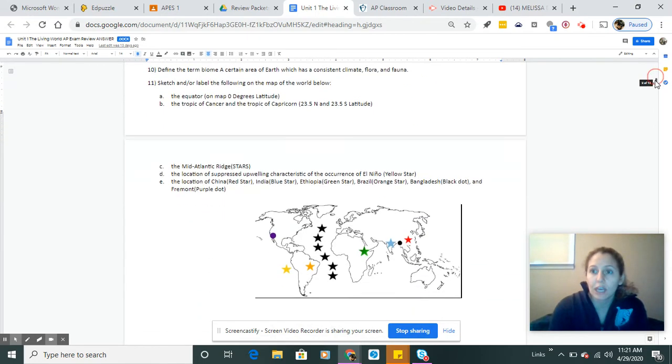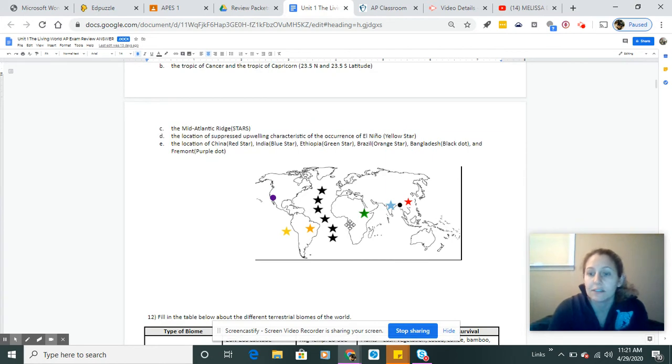The thing I need you guys going in with is knowledge of where some major landmarks are. So if you're looking at this map and you're like, whoa, I don't know what any of these things are, it's a problem. You need to know South America. Where is South America? That pertains a lot to El Nino and the tides shifting.